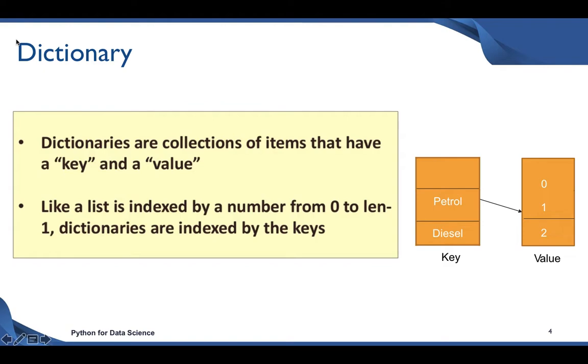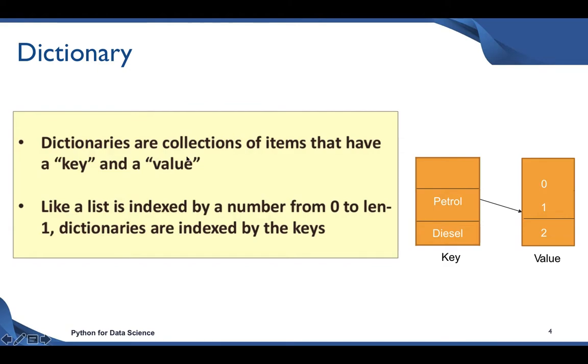In the list part, we cannot have user defined keys. We could have only numbers ranging from 0 to the length of the list, which represent the index position. But in the case of dictionaries, we could have our own user defined keys.